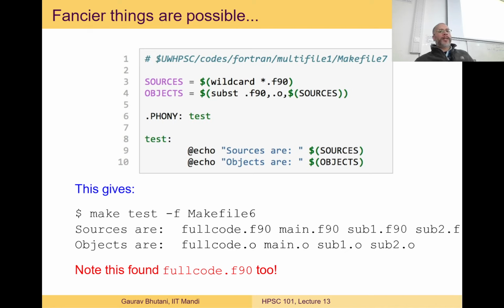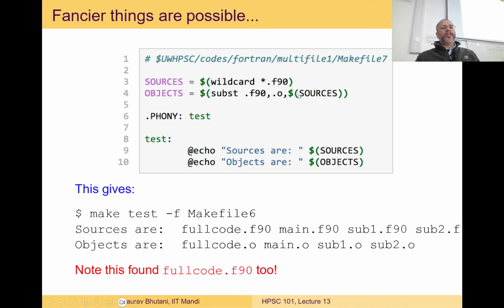So here what we are doing is defining a variable called sources, which is using the wildcard command of make followed by star .f90. So basically all the f90 files will get expanded in the sources variable. Sources will have the list of all f90 files available in that folder, and then objects uses the substitute command.